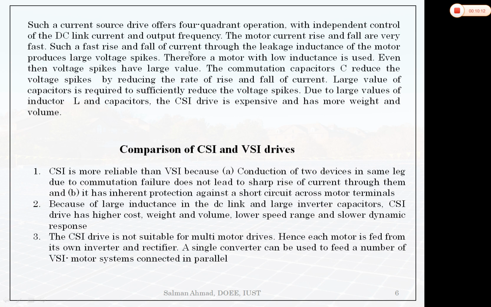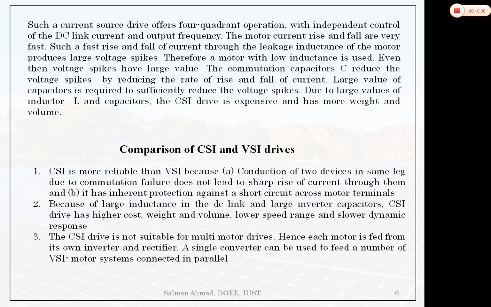Such a fast rise and fall of current through the leakage inductance of the motor produces large voltage spikes. Therefore, a motor with low inductance is used. Even then voltage spikes are large. The commutation capacitors also reduce the voltage spike. So capacitors have two functions. One is for the commutation purpose of the thyristors.